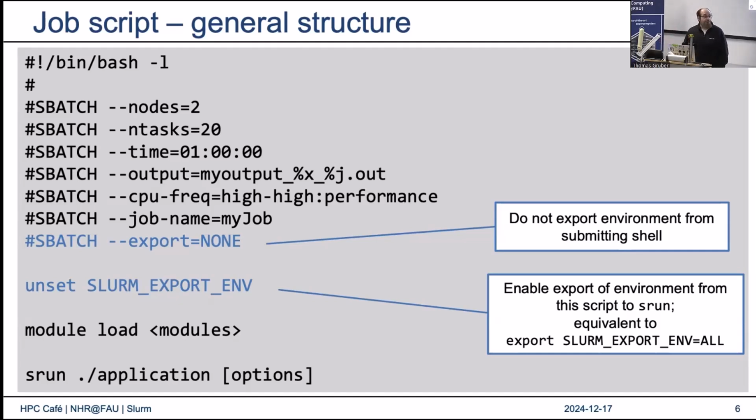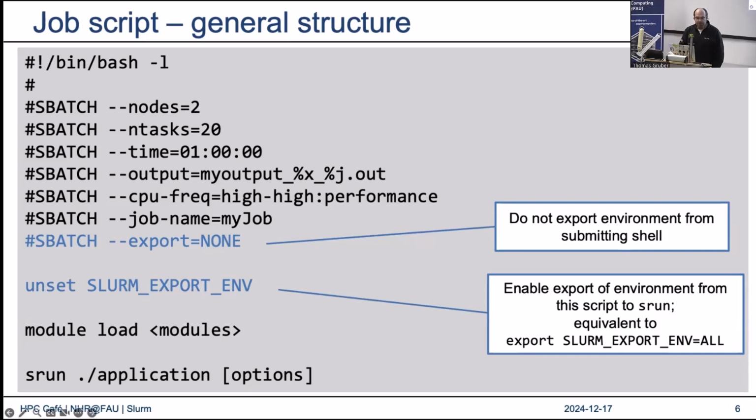If you don't want that, what we recommend is to do this: export equals none. This means nothing is pushed from the front end to the compute node. You have a clean environment as soon as this line is done. Yeah, so basic environment you get. But on the other hand, inside your batch script, you want things to be forwarded to the subshells. So if you do an srun, you want the command you execute to also see the modules you loaded.